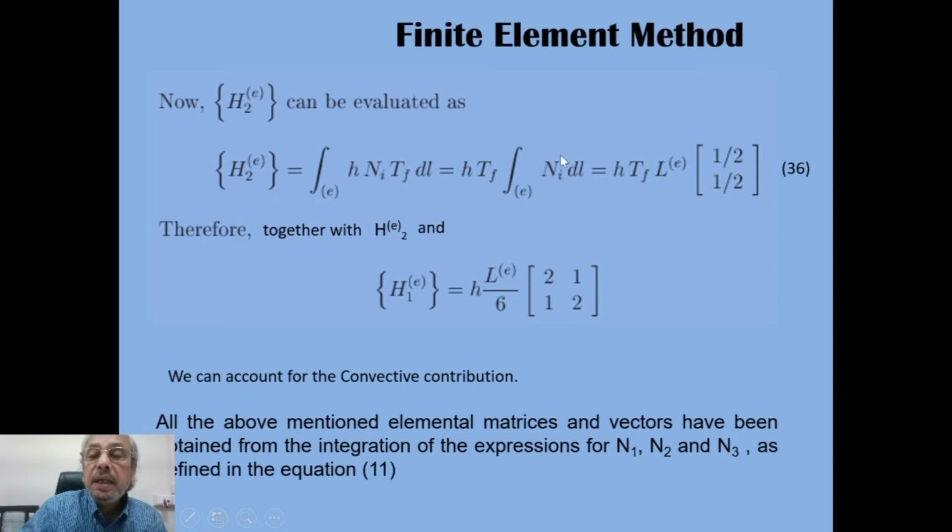Basically, when we integrate Ni dl, this integration through Gaussian quadrature philosophy has to be followed, just like what we did for the earlier term, and we have seen there the final quantity becomes twice the area of the line element divided by 4 times the area of the line element, 2a by 4a, that is half and half.